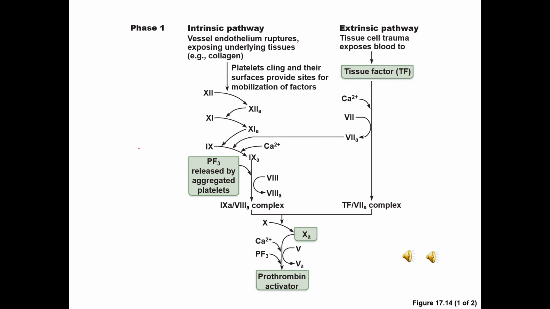Now, how is the prothrombin activator formed? Remember, prothrombin activator is formed by two pathways. One is called the intrinsic pathway, another is called the extrinsic pathway.